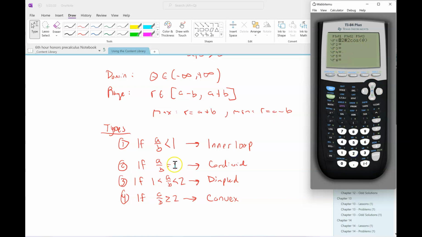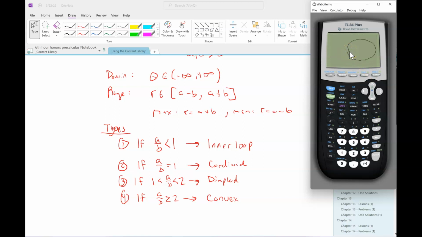2 plus 2 cosine theta, a over b is equal to 1. This is the cardioid. I think it looks a little like a heart or a butt. Okay. For this to be between 1 and 2, make it 3 over 2.